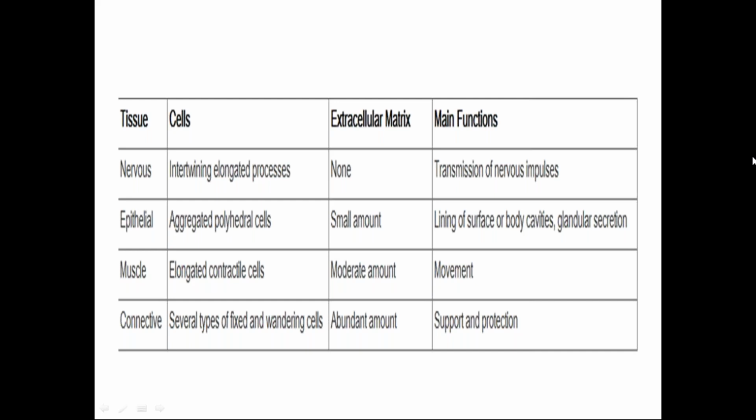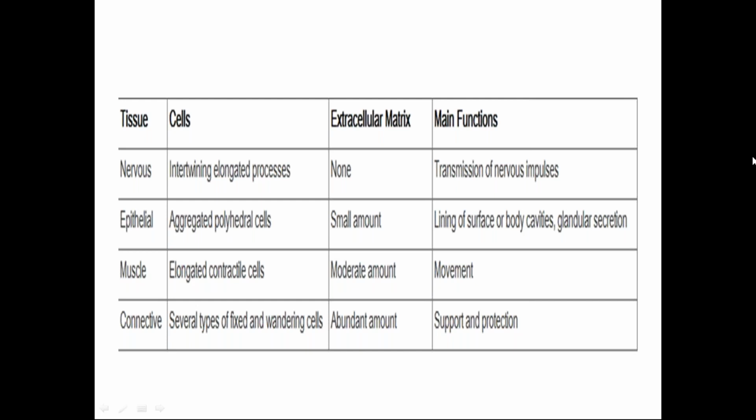And there are 4 basic tissues. First epithelial tissue, then connective tissue, muscular tissue, and nervous tissue. And each individual tissue has its individual functions and characteristics. So today I will talk about the epithelial tissue.